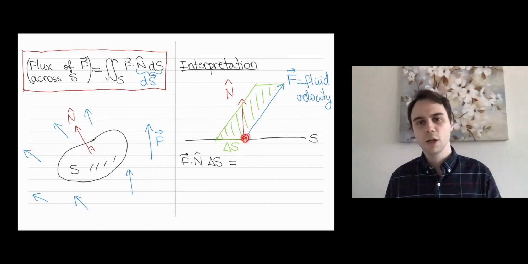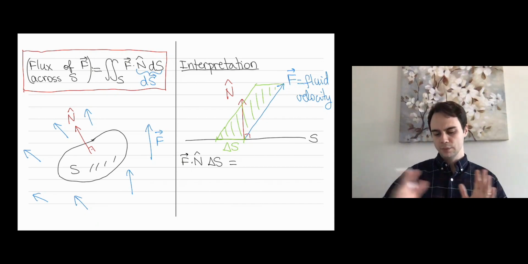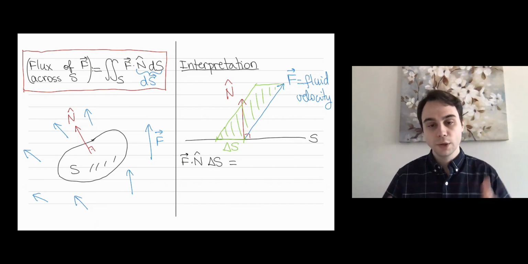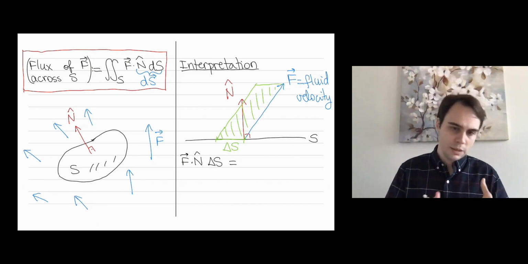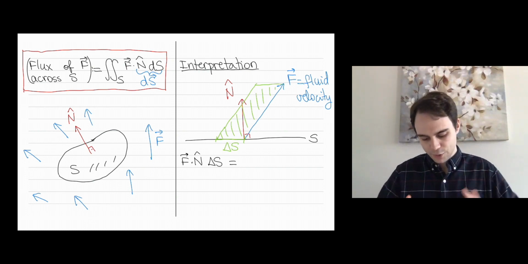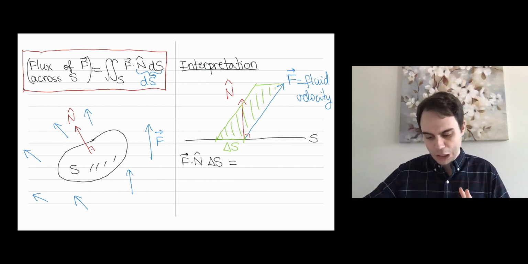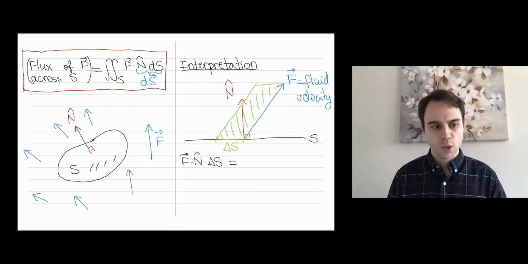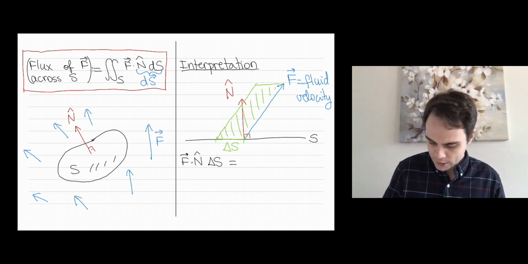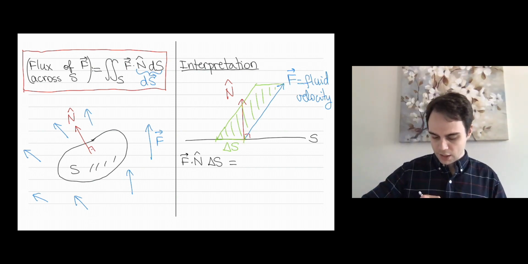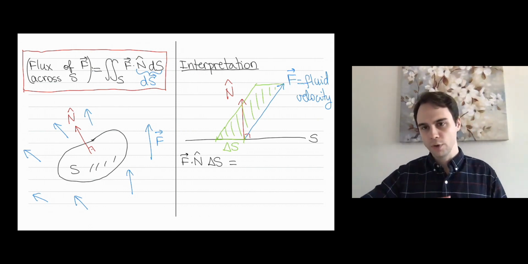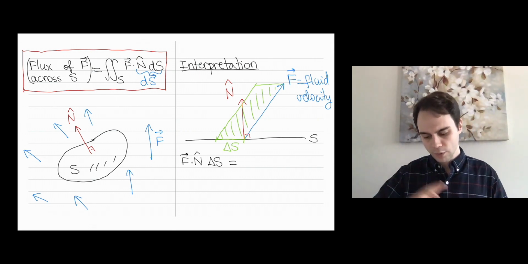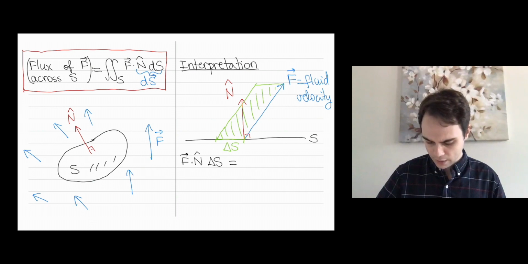Let's say the speed is 10 miles per hour and you wait for 1 hour. If the speed is constant, or if the speed is not changing very noticeably in that hour, then the distance will be 10 miles. If you go at 10 miles per hour for 1 hour, you just move 10 miles.